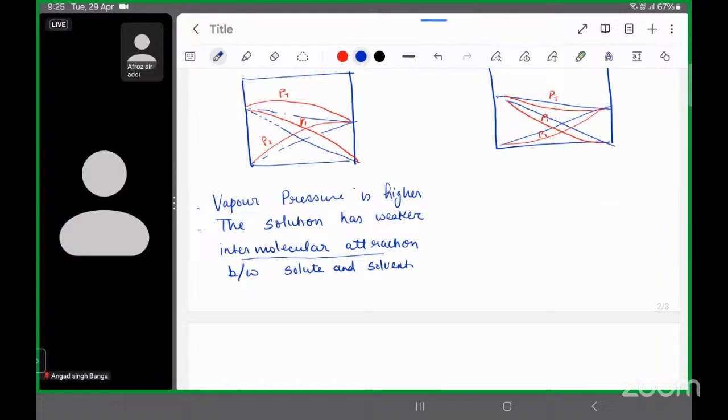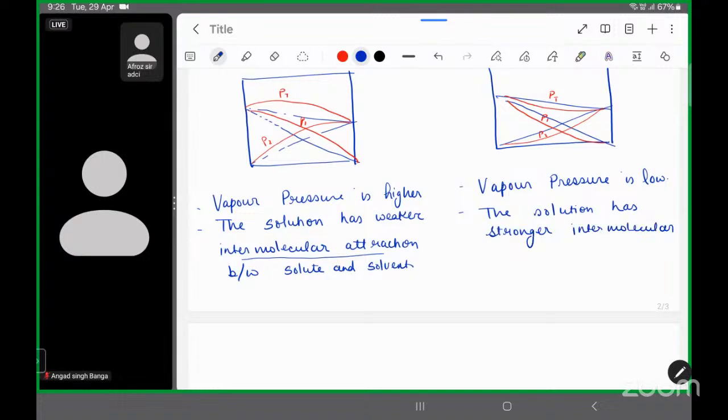And in the negative case, vapor pressure is low. Low vapor pressure, as it's seen, is lower because the solution has a stronger intermolecular attraction between solute and solvent.